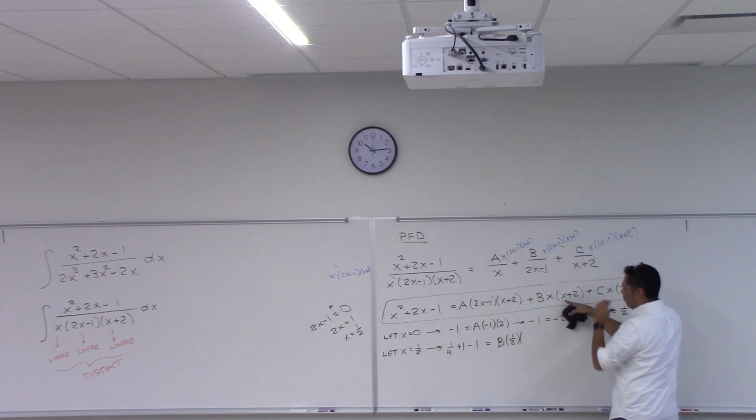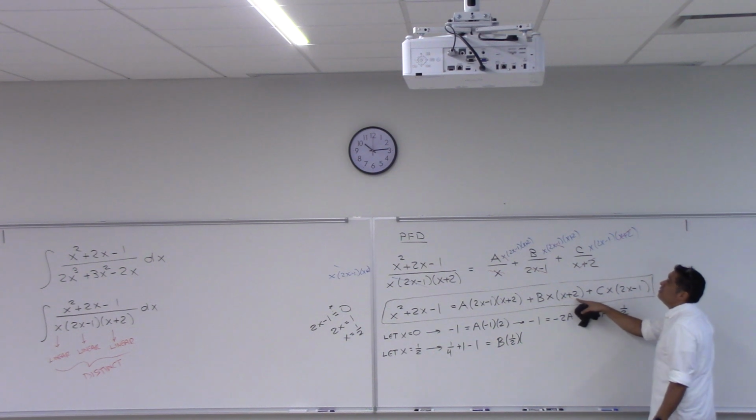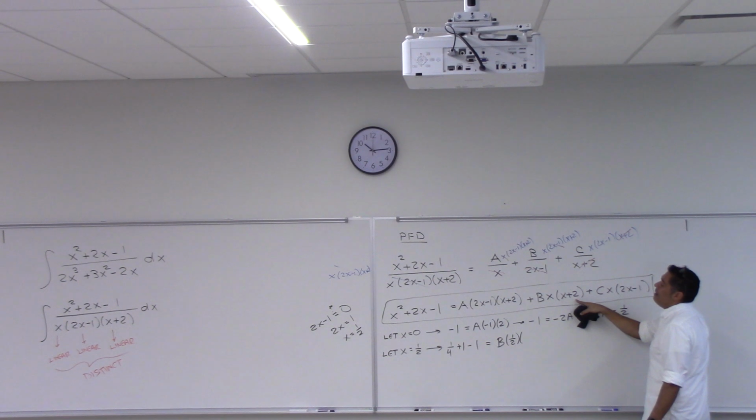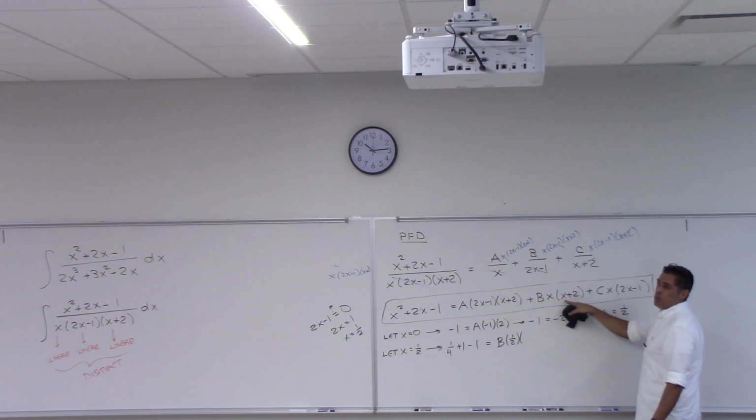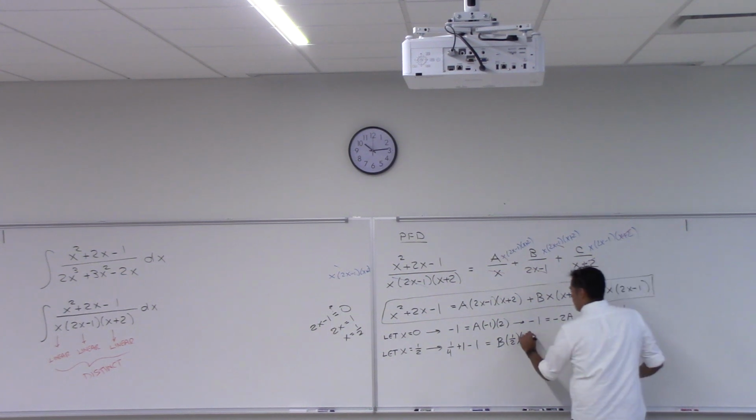And then what's 1/2 plus 2? 5 halves, 5 over 2. So 1/2 plus 2 is the same as 1/2 plus 4 over 2, right? And that's 5 over 2. Is that all right?